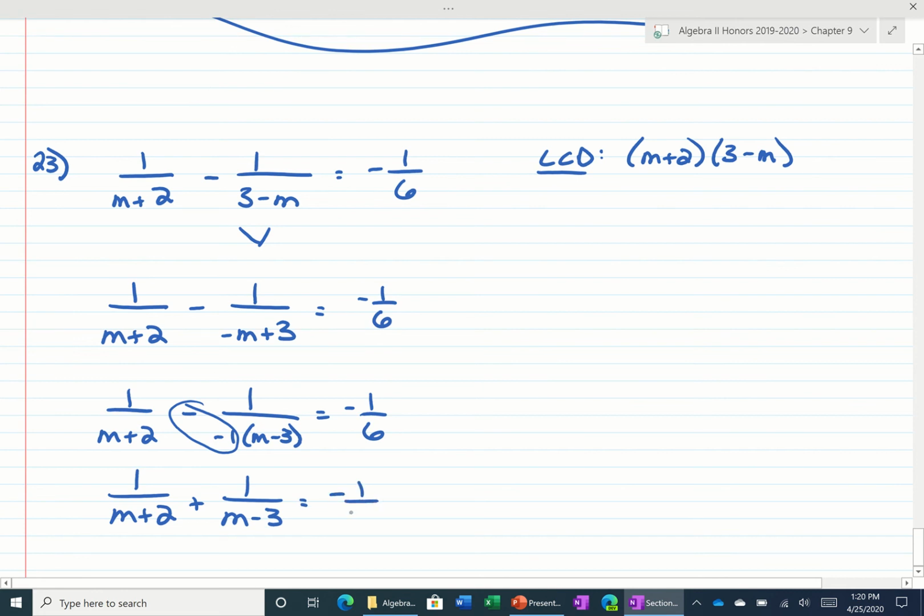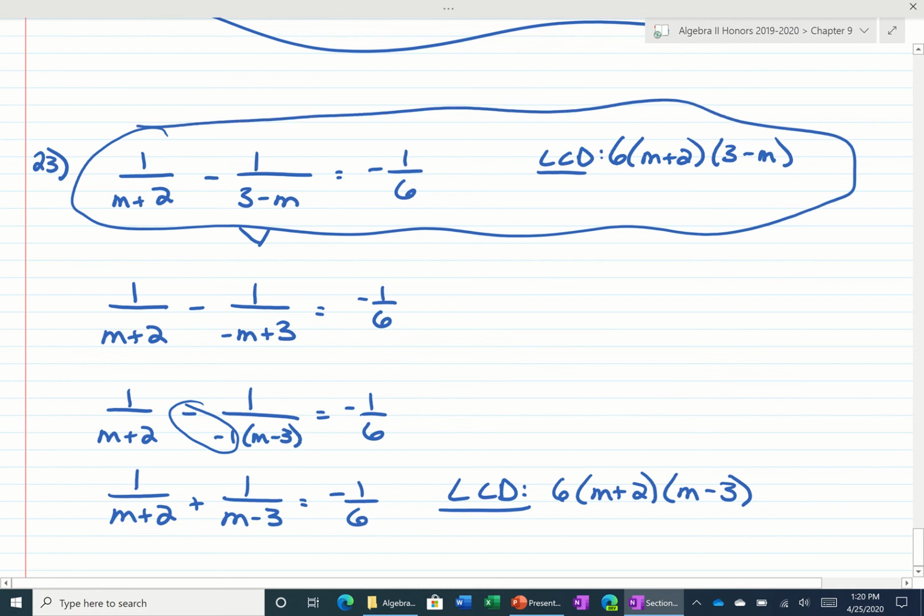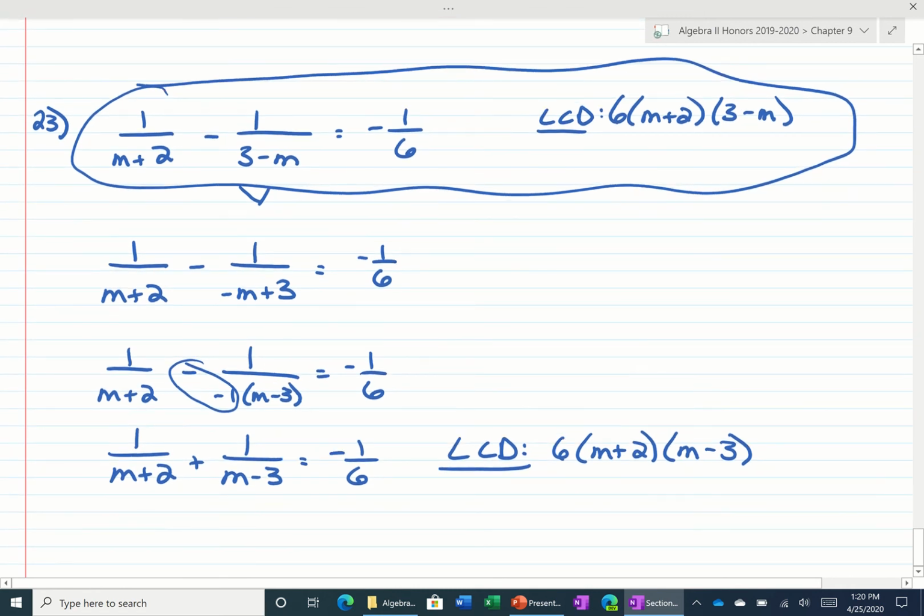And we could use this as the problem, where the LCD would be 6 times m plus 2 times m minus 3. Now, no matter which way you do, you'll get the right answer. I'd imagine most of you did it like this. So that'll be the way that I do this, but I just want to show you alternative ways here.